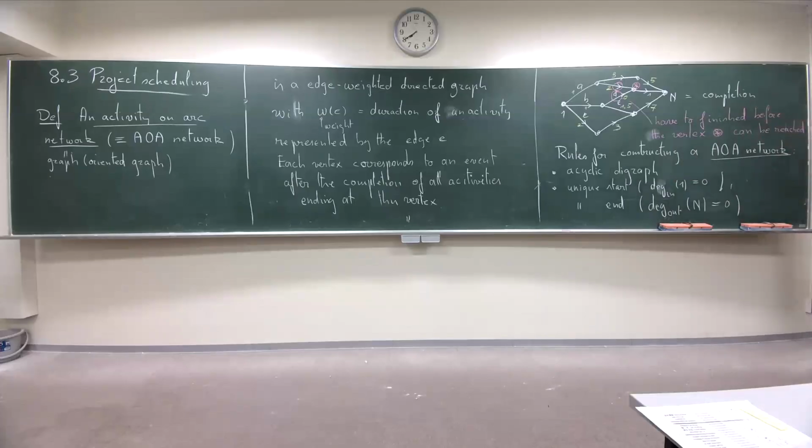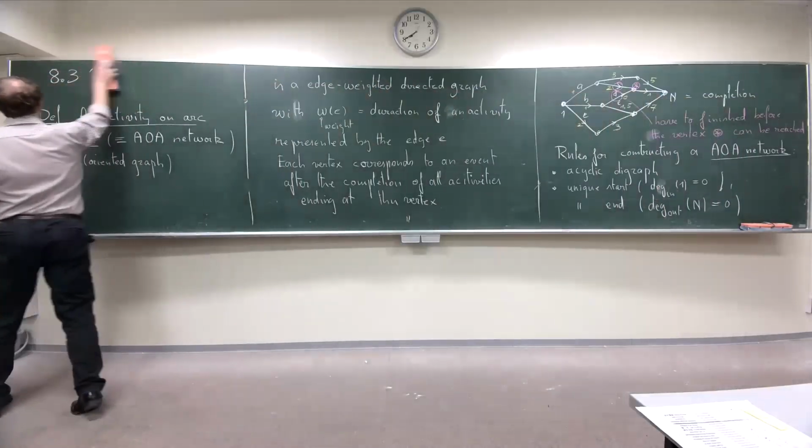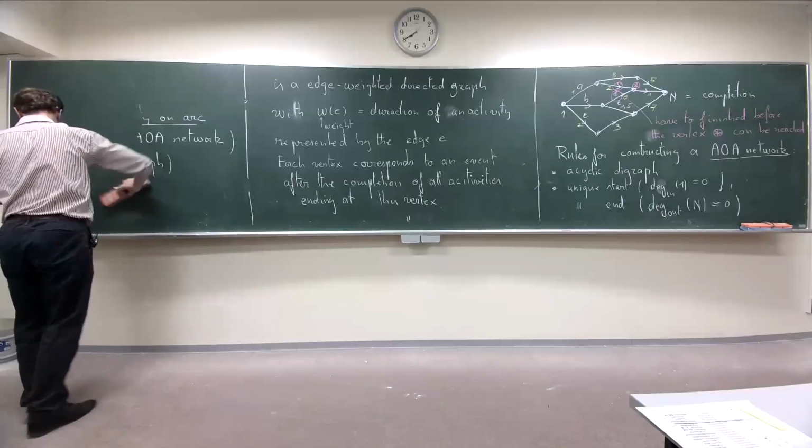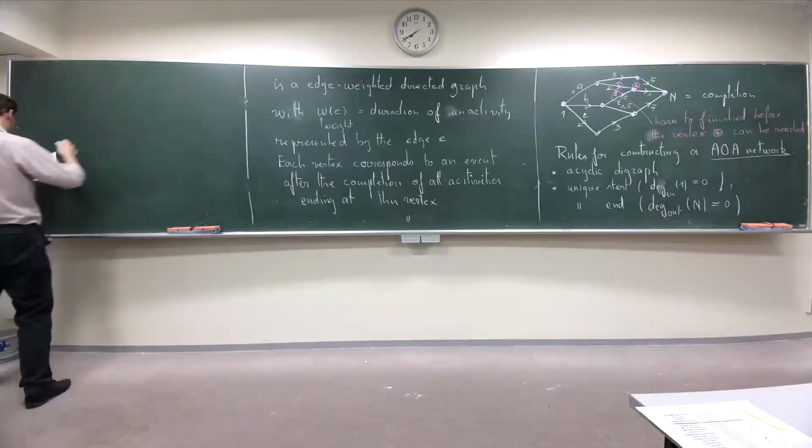So there are two specific, or two very special vertices. And this is important.